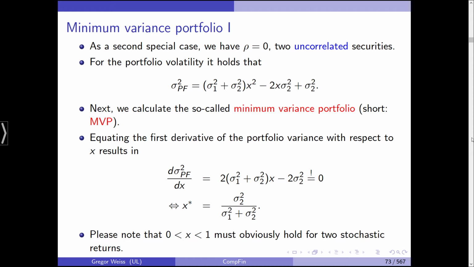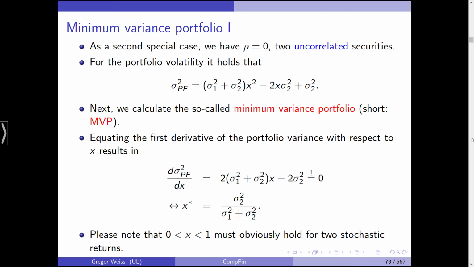Now next, we want to calculate the so-called minimum variance portfolio, or in short, just the MVP. How do we do this? Well, very simply, we take the general equation for the portfolio variance, and we minimize this. For this is high school math, we have to calculate the first derivative and equate the first derivative of the portfolio variance with respect to x to 0, and we are looking for the portfolio weight that minimizes the portfolio variance.